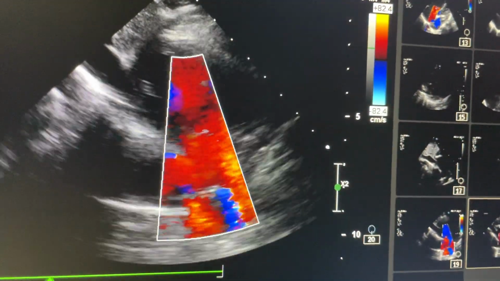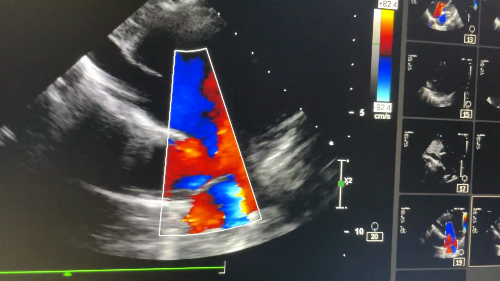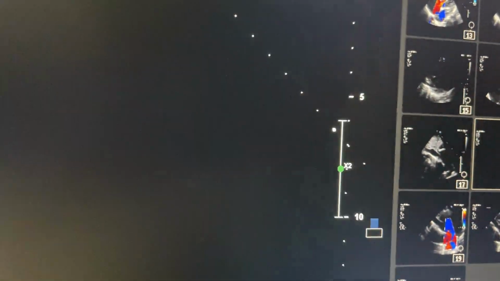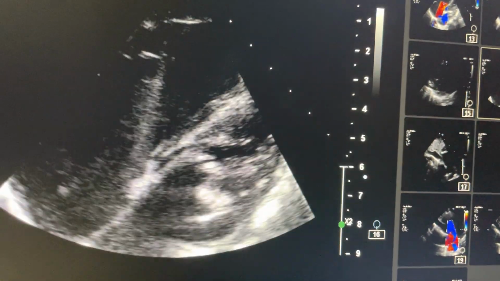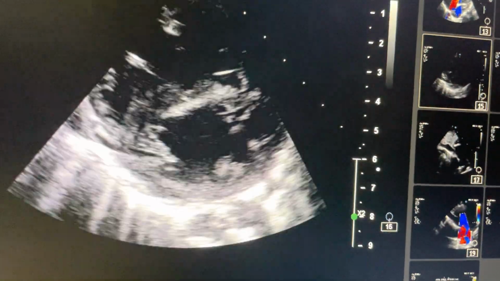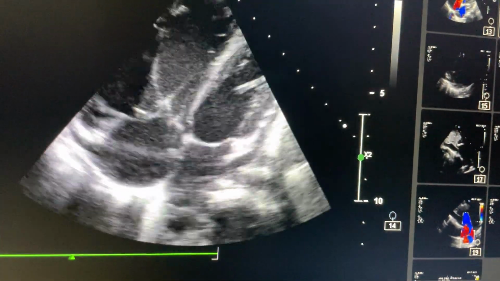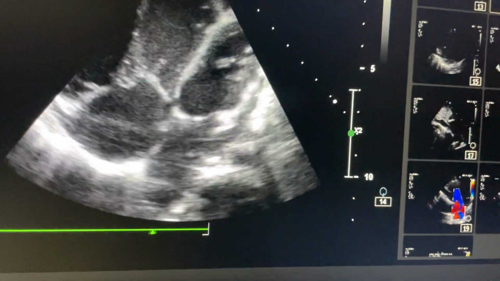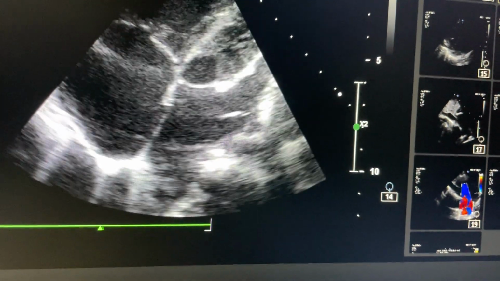So you have got the point. Again, I'm showing the previous view. This is the apical four chamber view. Even here you cannot find the ASD.